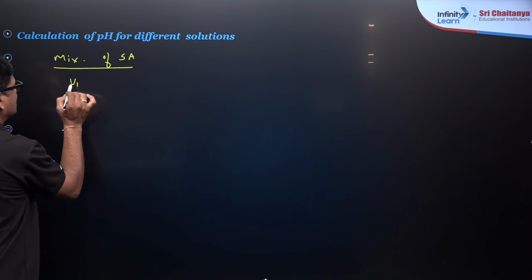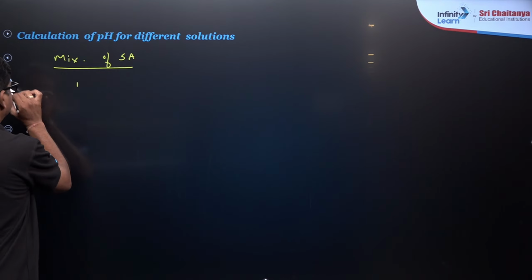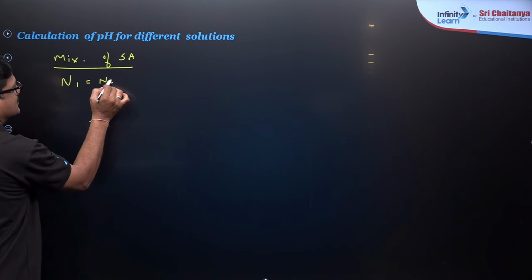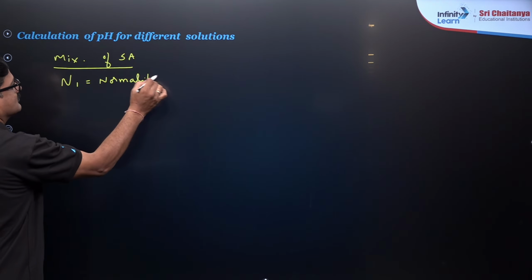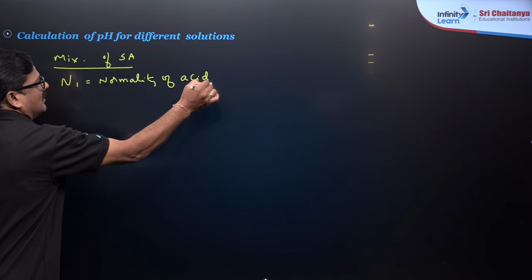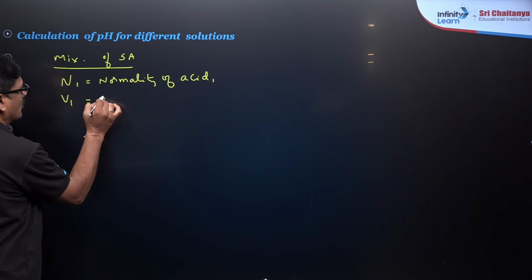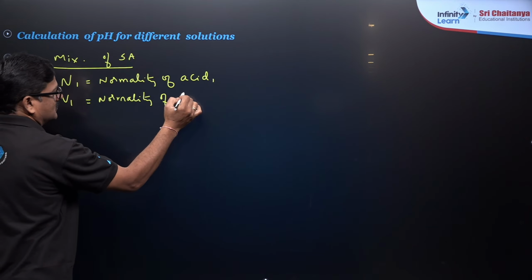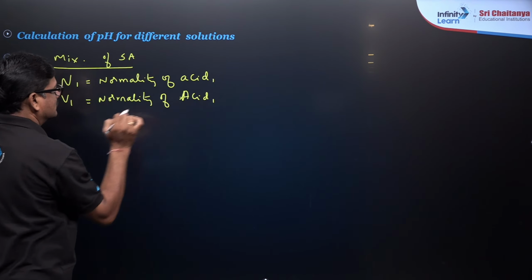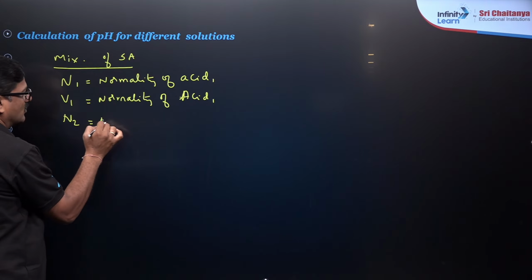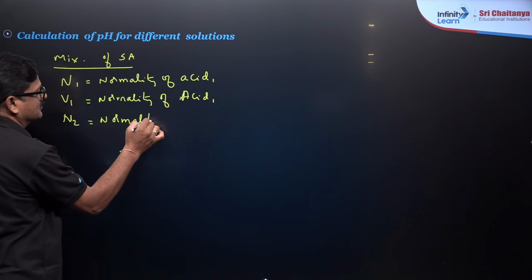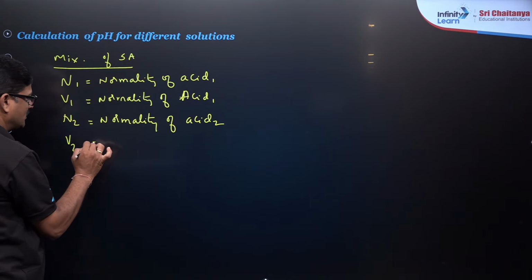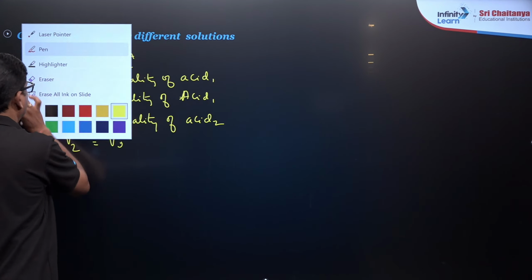Let us say V1 and N1 are the volume and normality of acid 1, and N2 is the normality of acid 2, and V2 is the volume of acid 2.